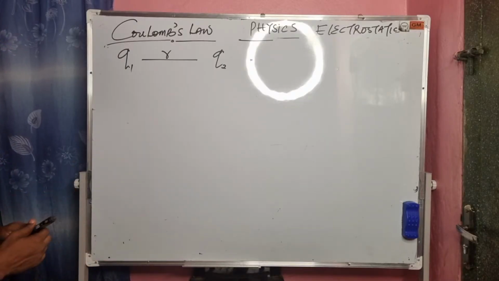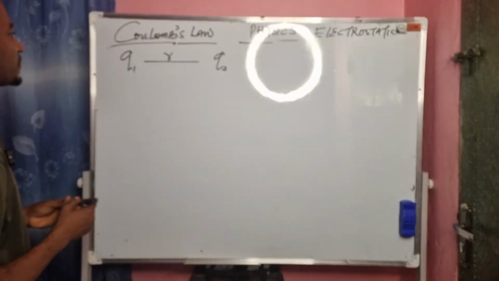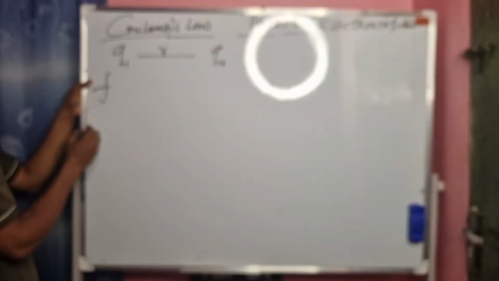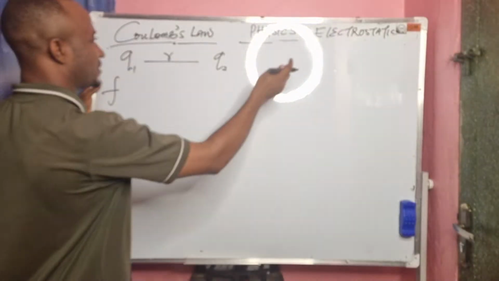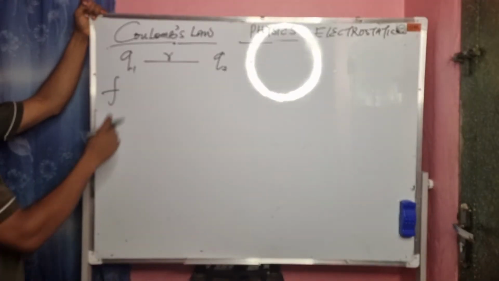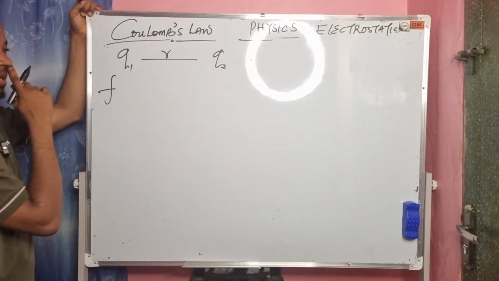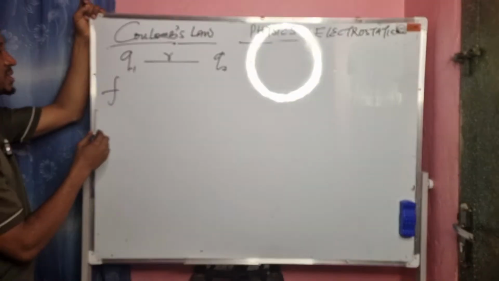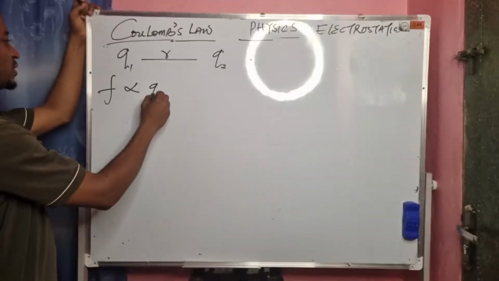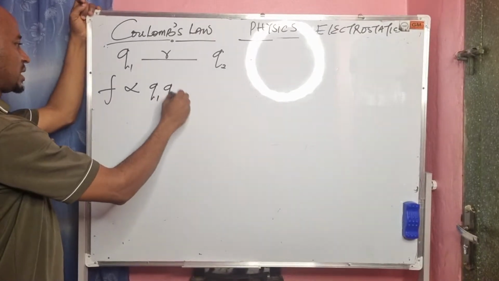So the first law of Coulomb says that the force of attraction, which is called the electrostatic force, between these 2-point charges, Q1 and Q2, is directly proportional to the product of their charges.